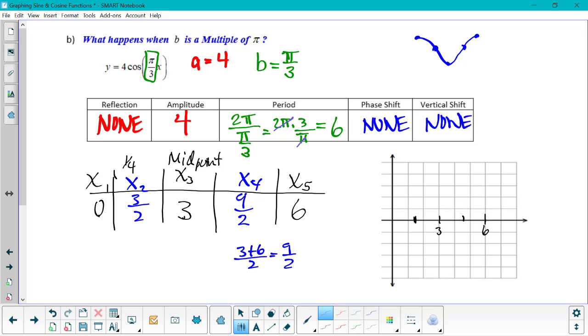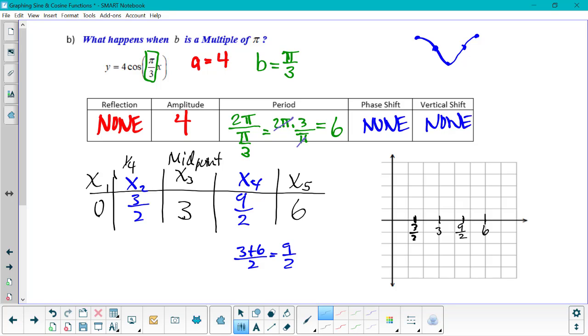It just depends on if you're using a grid or if you have your own graph paper, you would have more squares than I do. I'm not able to do that. So anyway, this becomes 3 halves or 1.5, and this one is 9 halves or 4.5.